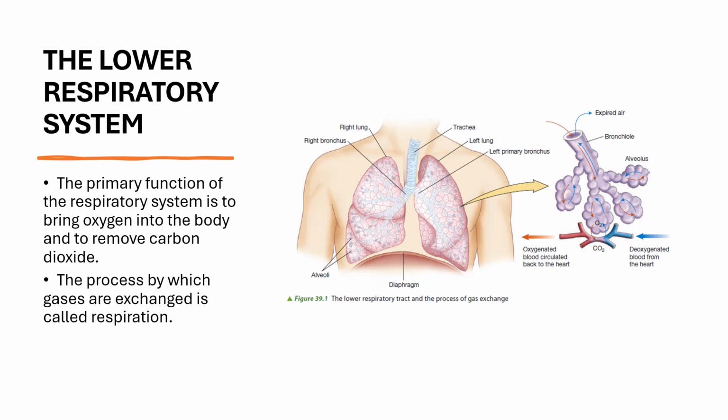Bronchodilation and bronchoconstriction are largely regulated by the two branches of the autonomic nervous system. The sympathetic branch activates beta-2 adrenergic receptors, which causes bronchial smooth muscle to relax, the airway diameter to increase, and bronchodilation to occur.